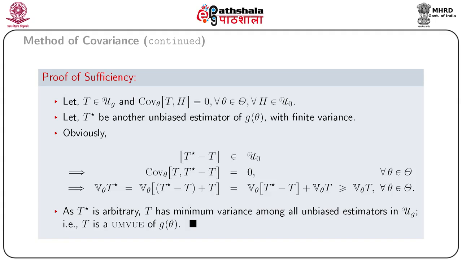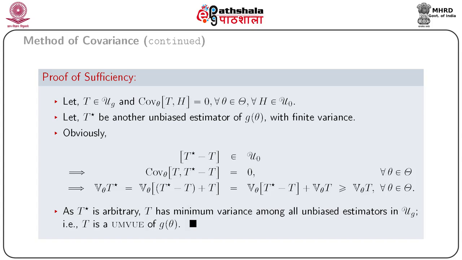Now, the variance of T* is equal to the variance of (T* − T) + T, which is equal to the variance of (T* − T) plus the variance of T, because the covariance of T and T* − T is equal to 0.